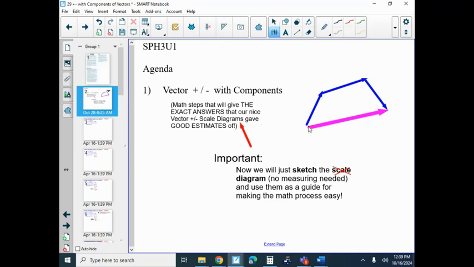Basically you'd have a component here and a component there: an x1, y1 for vector 1, an x2 and a y2 for vector 2. Vector 3, sorry, I just messed myself up by putting x3 there, would have an x3 and a y3. And we'll get to the end where we're able to use that to get the final answer, and I might come back to that one and finish it up at the end.